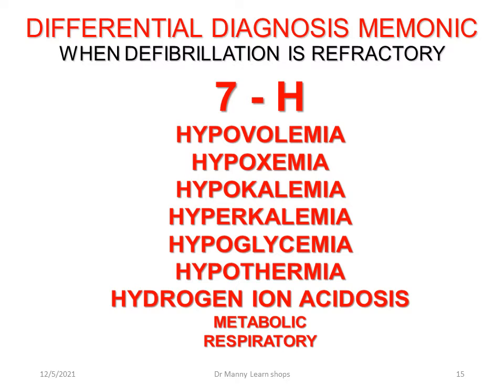Consider the patient could be hypovolemic, hypoxemic, hypo or hyperkalemic, hypoglycemic, hypothermic. They could be in a metabolic or respiratory acidosis, hydrogen ion acidosis. Consider that and recommend it, possibly, to the team leader.